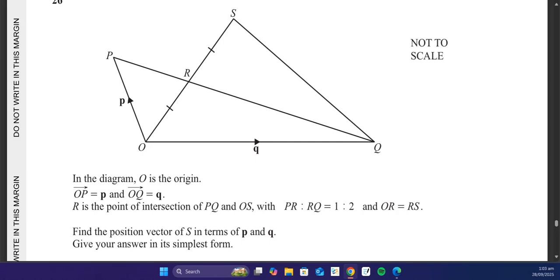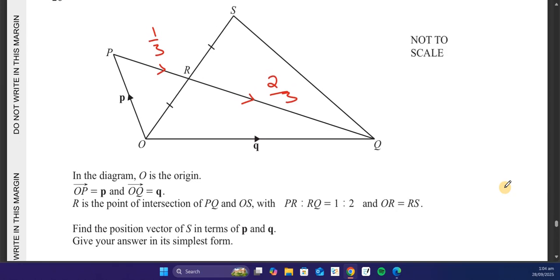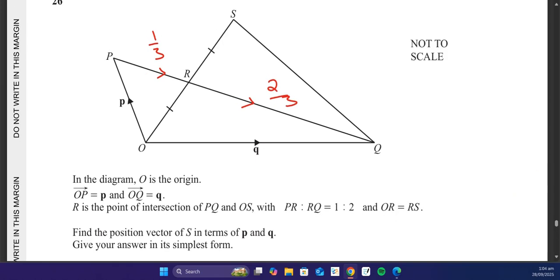Alright, so the ratio between PR and RQ is 1:2. So can we say this is 1 over 3, because the sum, 2 plus 1, is equal to 3. It's 1 over 3 and 2 over 3, and it's in this direction.